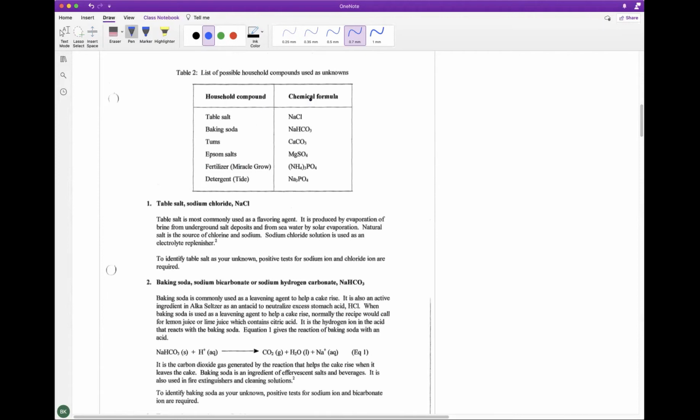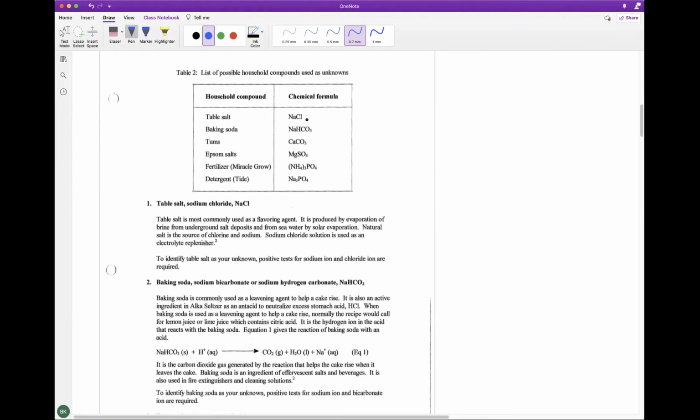You'll notice that the chemical formulas for each of these are ionic compounds, the things we've been talking about recently. In other words, they are formed from ions. In each of these compounds, we have a cation and we have an anion.